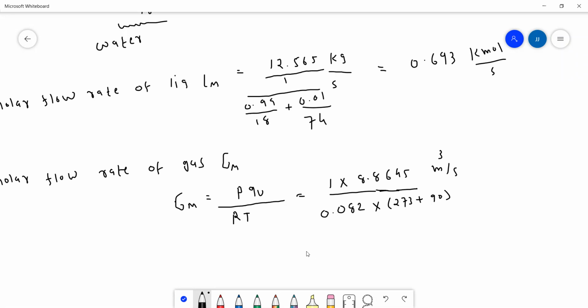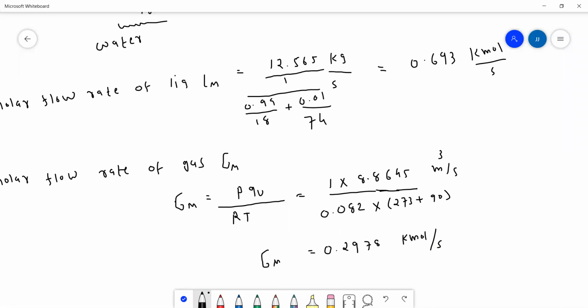If you calculate this, you will get molar flow rate of gas Gm equal to 0.2978 kilomole per second.